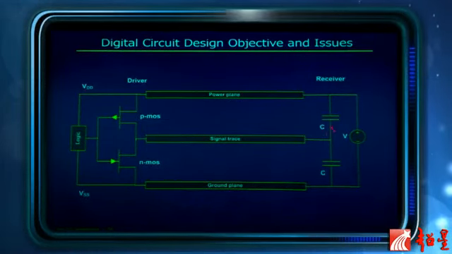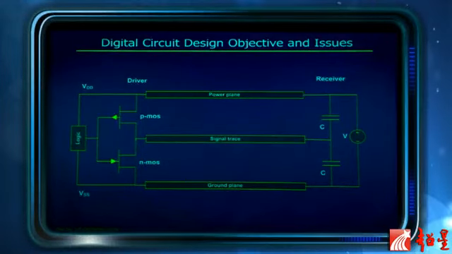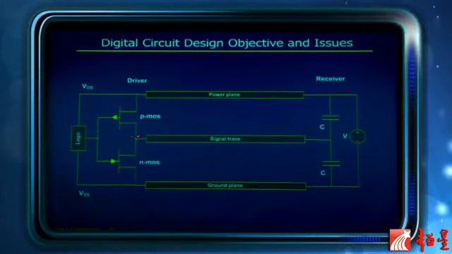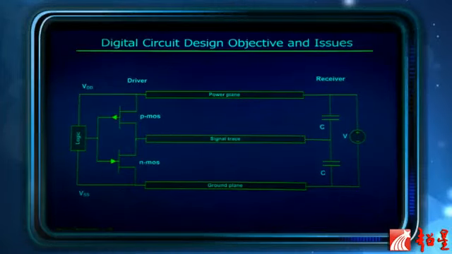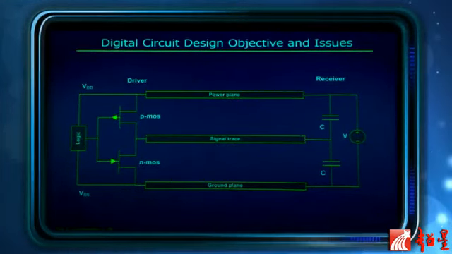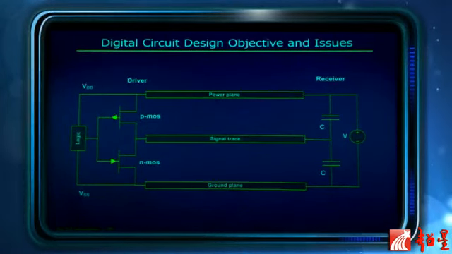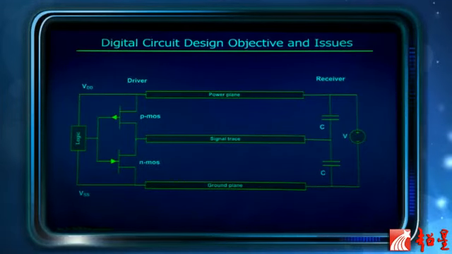The receiver is modeled as just two capacitors. We're going to talk a lot more about this later. We want to make sure that when the signal is transmitted from here to here, it's still a good signal, that it maintains its integrity. It's simple, right? But it's not simple, because there are a lot of other effects.